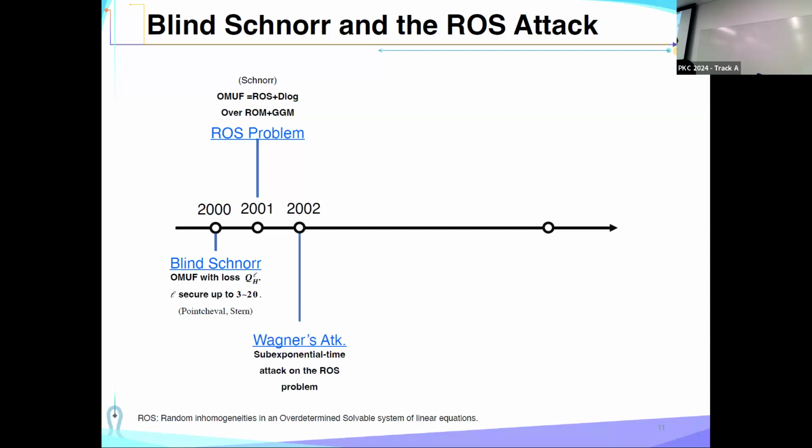And right after, the next year, Wagner proposed some exponential time attack on the ROS problem, but as you can see, there's still a gap between some exponential and polynomial. For example, if you sign concurrently with 1,000 or 200 signing sessions, it will happen.